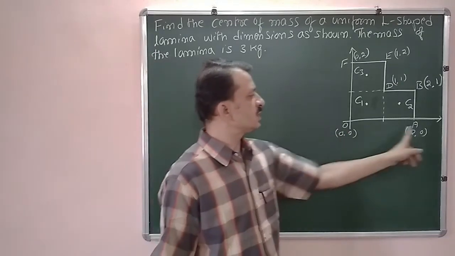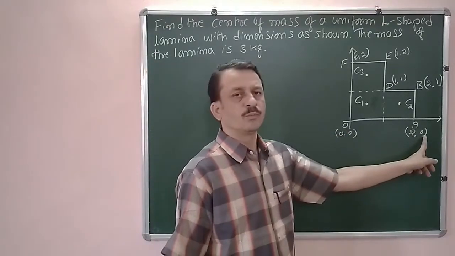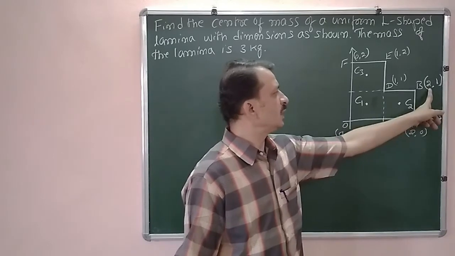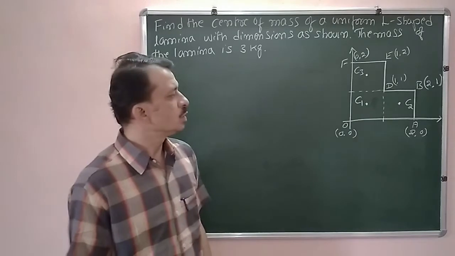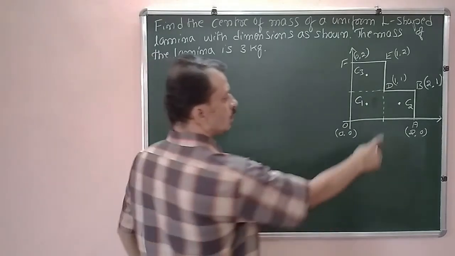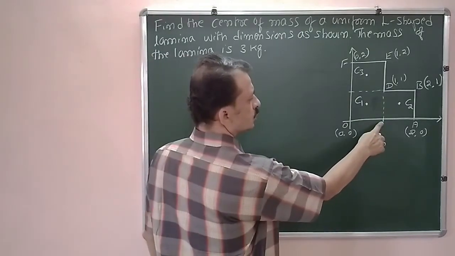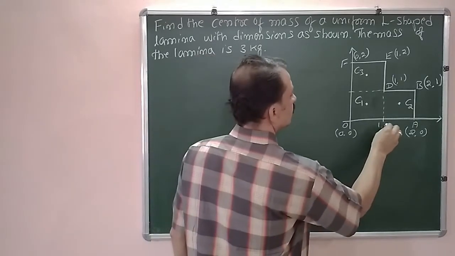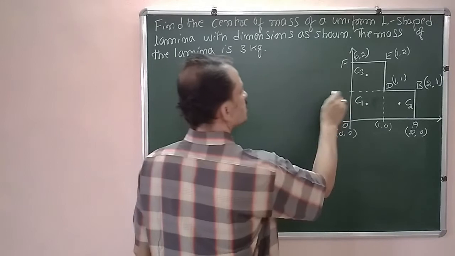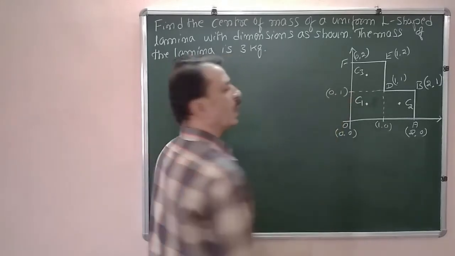This is the origin, and this one is 2, 0. This is 2, 1, this is 1, 1, this is 1, 2, and 0, 2. These coordinates become 1, 0, and this coordinate becomes 0, 1.